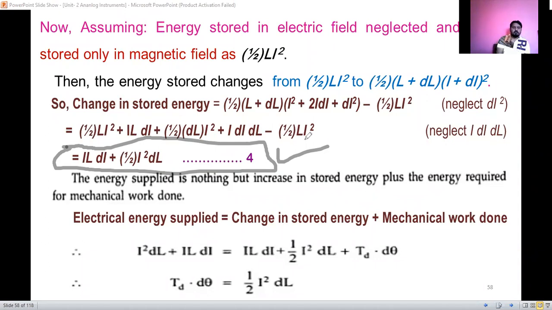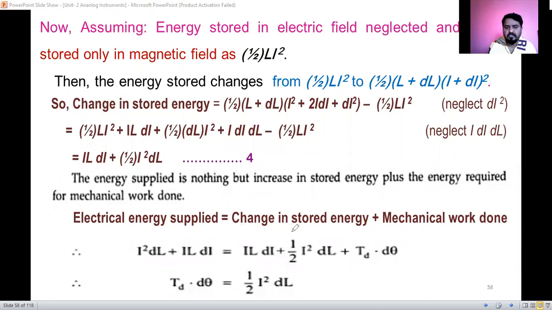Okay. So next, the energy supplied is nothing but the increase in stored energy here, plus the energy required for mechanical work here. So the total energy supplied we have to calculate here. The total energy supplied is equal to change in stored energy.